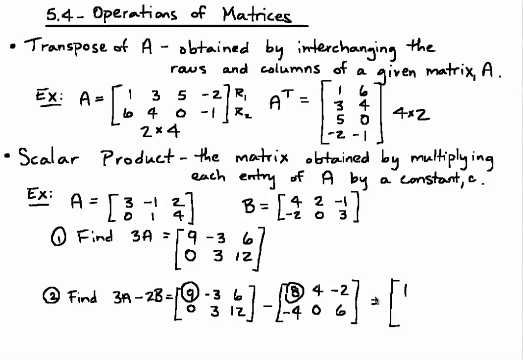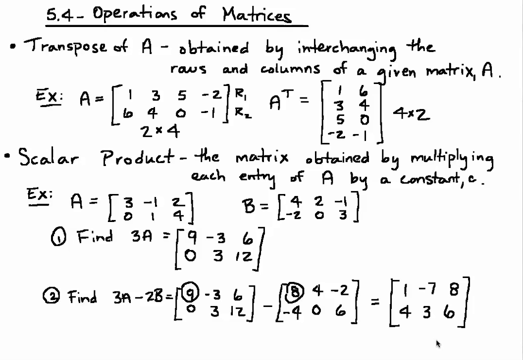Negative 3 minus 4 is a negative 7. 6 minus negative 2 is a positive 8. 0 minus a negative 4 is positive 4. 3 minus 0 is 3. And 12 minus 6 is 6.